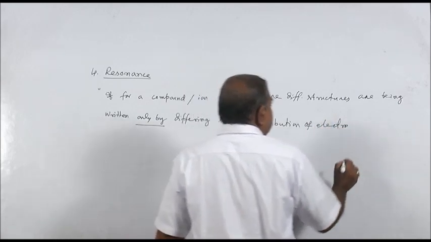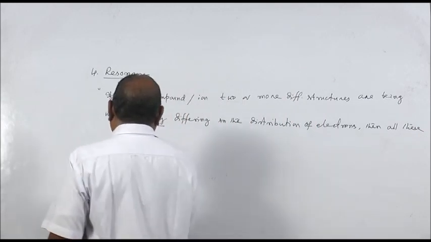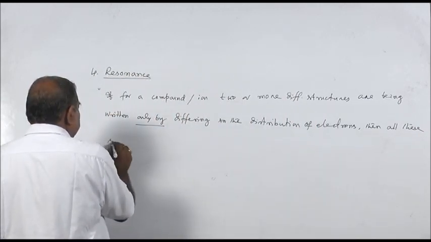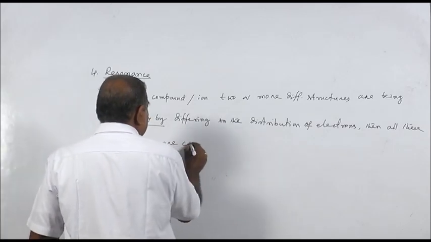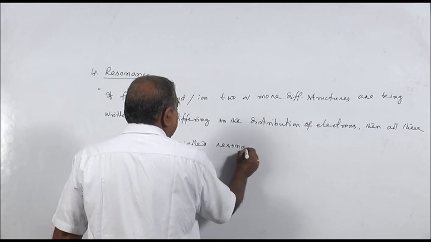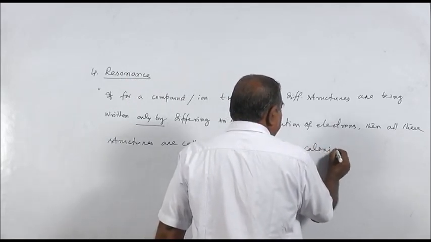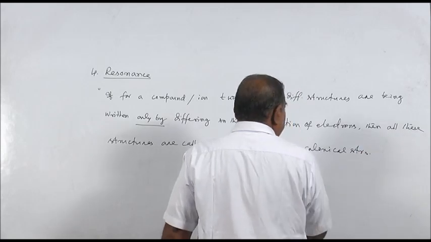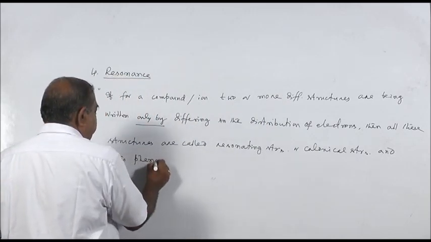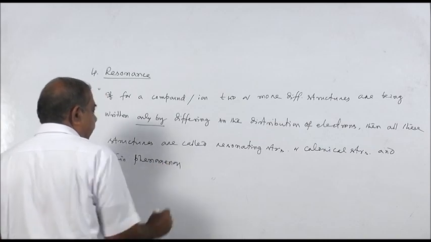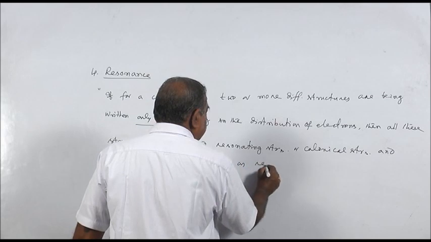Atomic skeleton remains constant, only electrons. Then all these structures are called resonating structures or canonical structures, and this phenomenon is known as resonance.